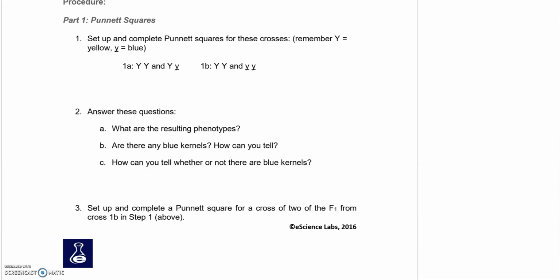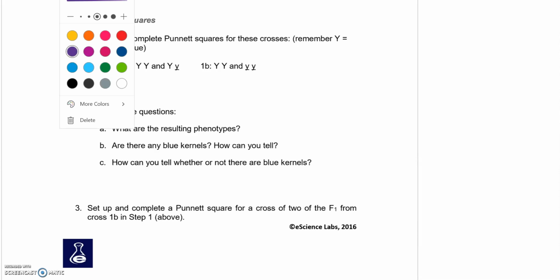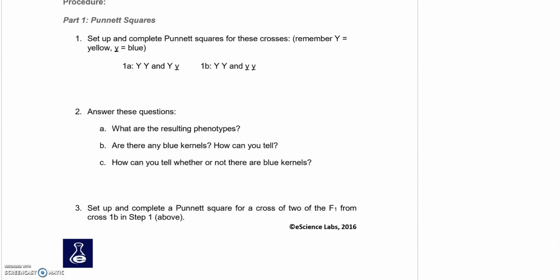So it's asking us to do a Punnett square for two different examples. Okay, so we will do just that. Create a little Punnett square here. So let's do this one first.